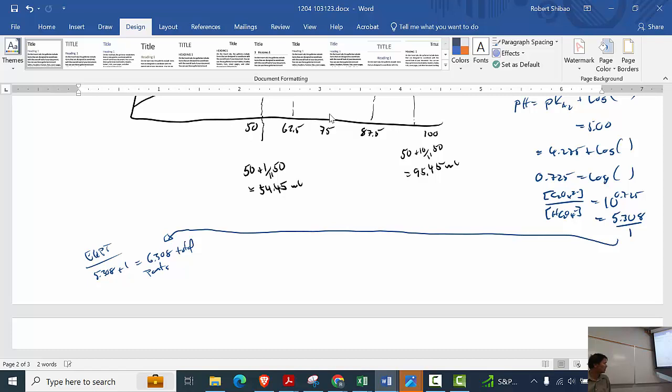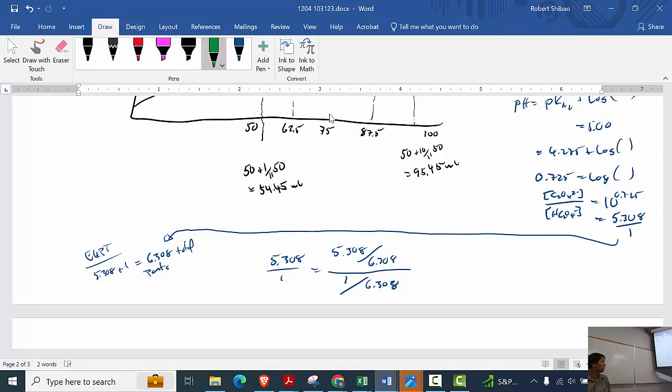And then all I'm going to do is set up a ratio like this. 5.308 over 1: 5.308 parts out of 6.308 parts was converted to base. And that means I have 1 part of leftover acid out of a total of 6.308 parts. And this top part is the equivalence point here.